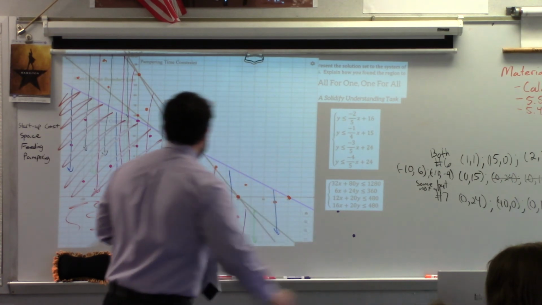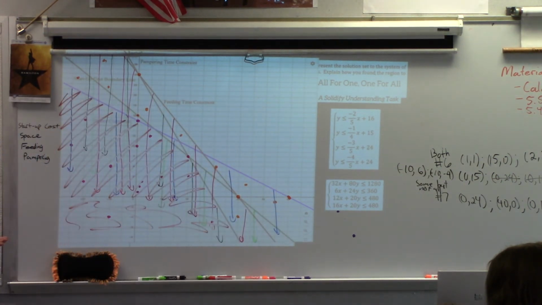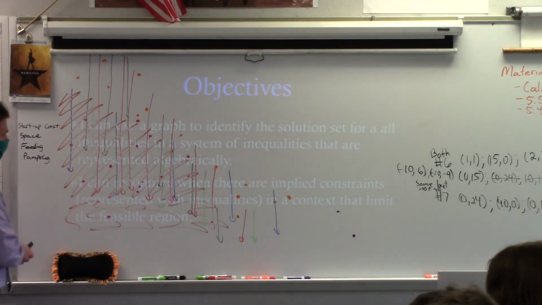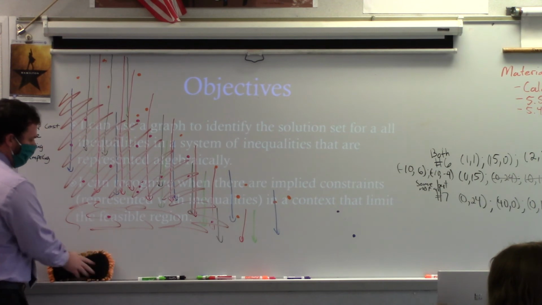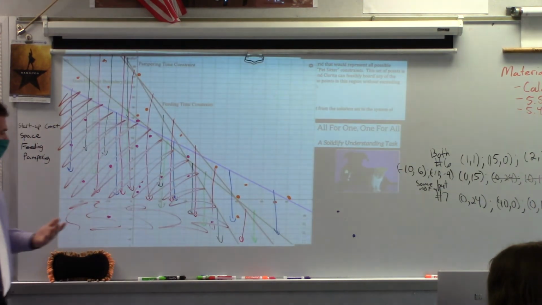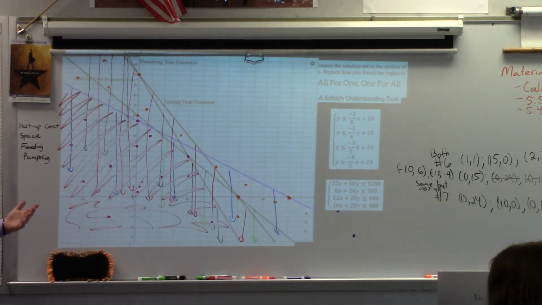Now, people brought it up earlier. Is it possible to actually have negative 20 cats and 4 dogs? So it's not actually possible. It's the feasible region, right? So it's not a part of the feasible region.